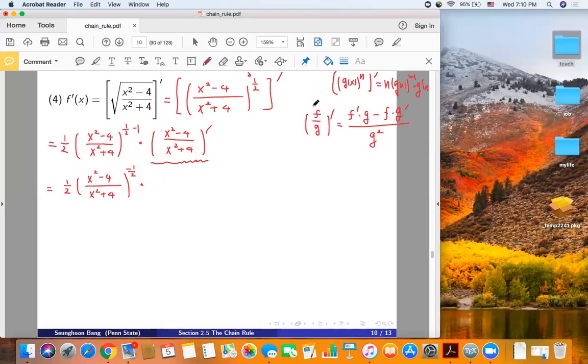The f is the numerator, x squared minus 4, and g is the denominator, x squared plus 4. We can use this quotient rule. The top prime first.